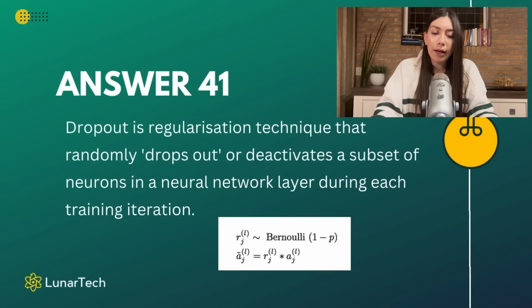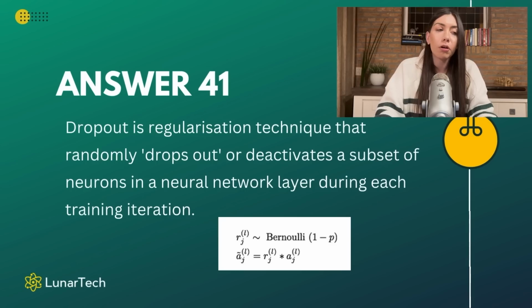And we are saying that the r^l, which is simply the activations in the layer l, is a random variable that follows a Bernoulli distribution with 1 minus P probability, where 1 minus P is simply equal to the proportion of neurons that should not be deactivated, so that should be activated. If P is the deactivation rate, then 1 minus P will be the activation rate.